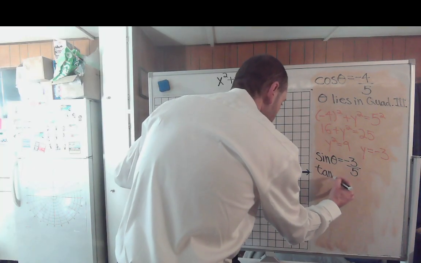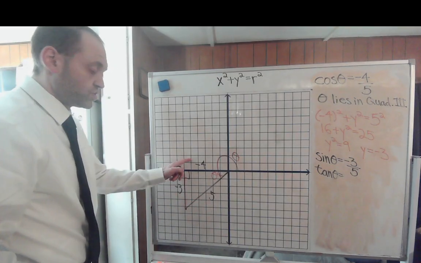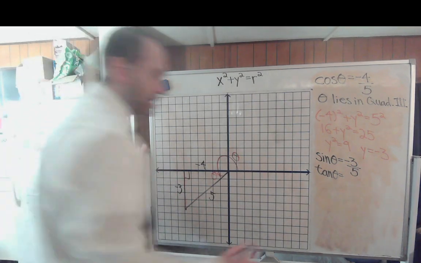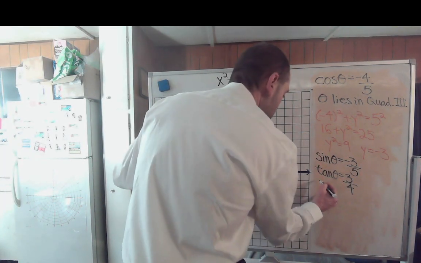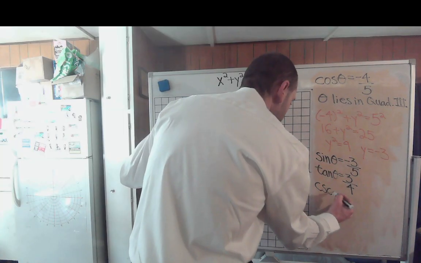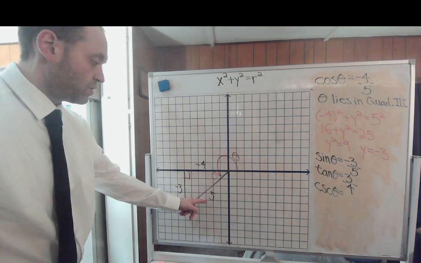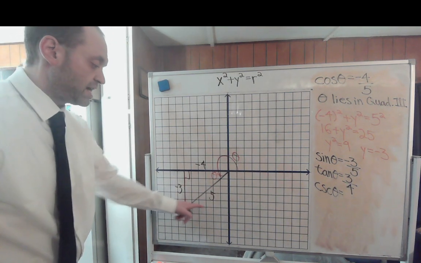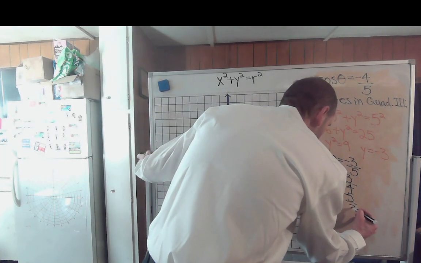The tangent of theta equals opposite over adjacent, so negative 3 over negative 4 gives you positive 3/4. Find your cosecant of theta. That's your hypotenuse over opposite, so 5 over negative 3, which gives you negative 5/3.